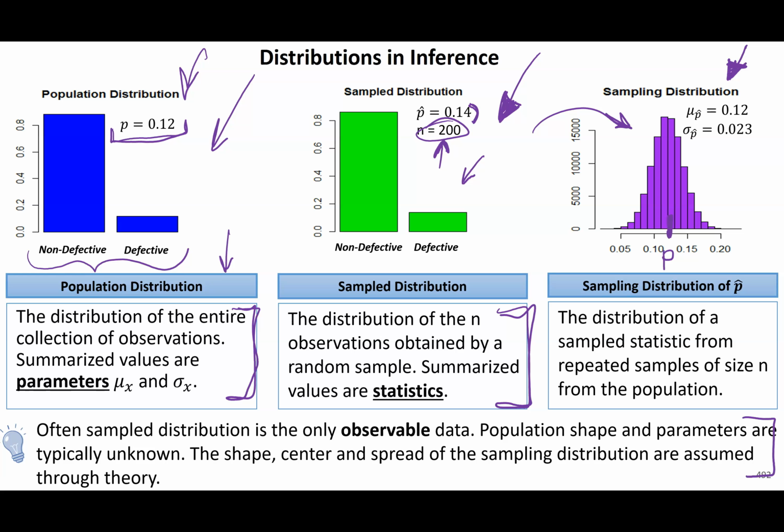However, when we get one, and it has to be a very good sample, right? It has to be representative of the population. We can use relationships between these distributions to say, okay, well, we believe the sampling distribution will look like this.